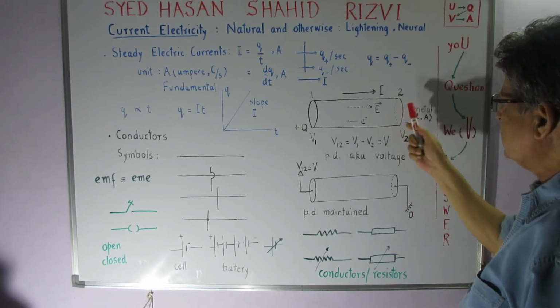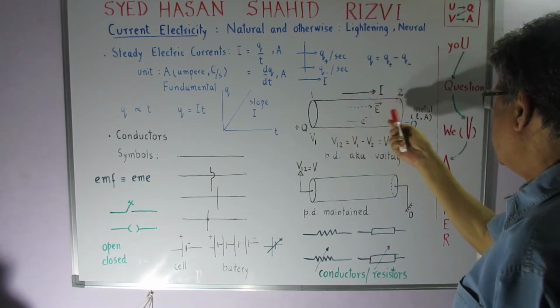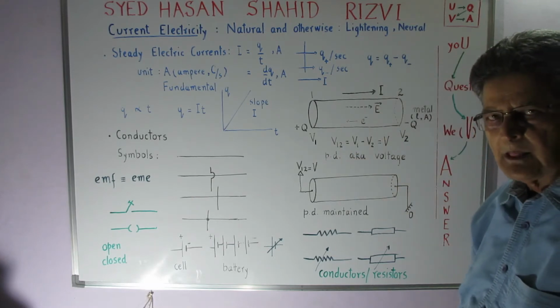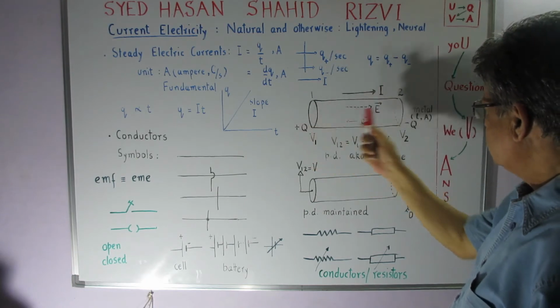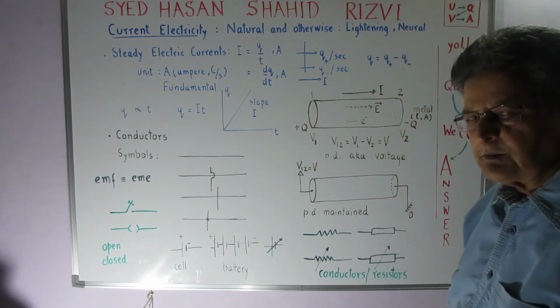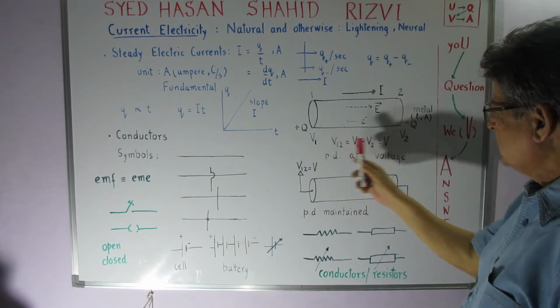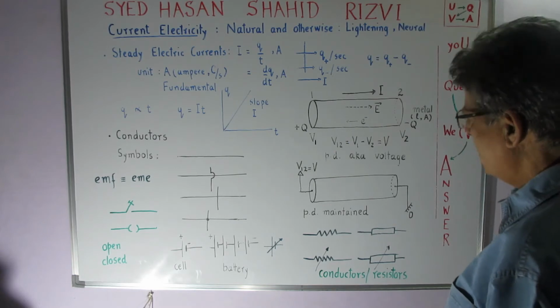This metallic cylindrical wire or cylinder has a length L and an area of cross section which we call A. Now if the potential difference is maintained somehow, I will tell you how.